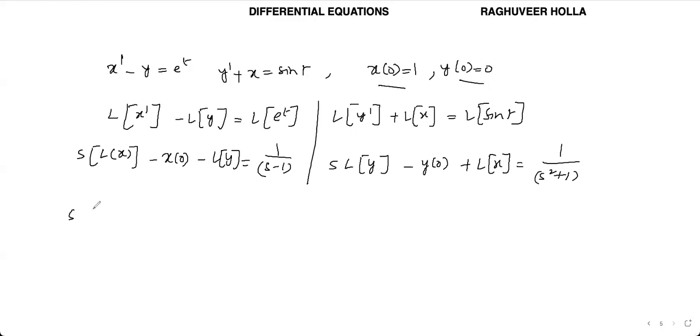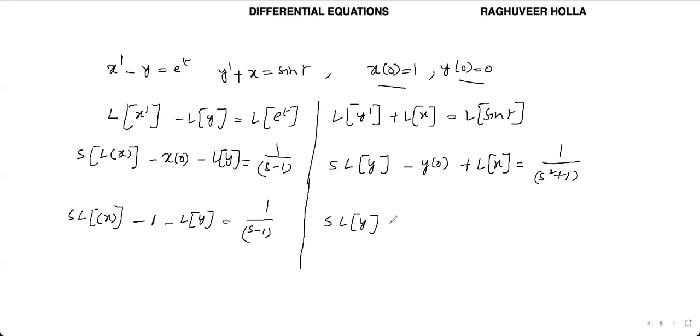Let us substitute it. S into L of x, of x minus 1 minus L of y is equal to 1 by s minus 1, and this is s into L of y minus this is 0, so it will be plus L of x is equal to 1 by s square plus 1. Now we can take this on the other side.